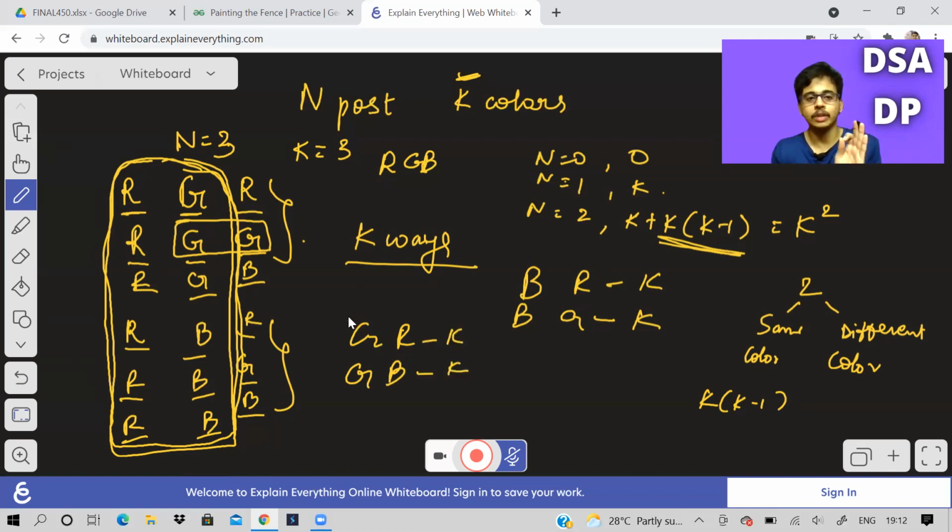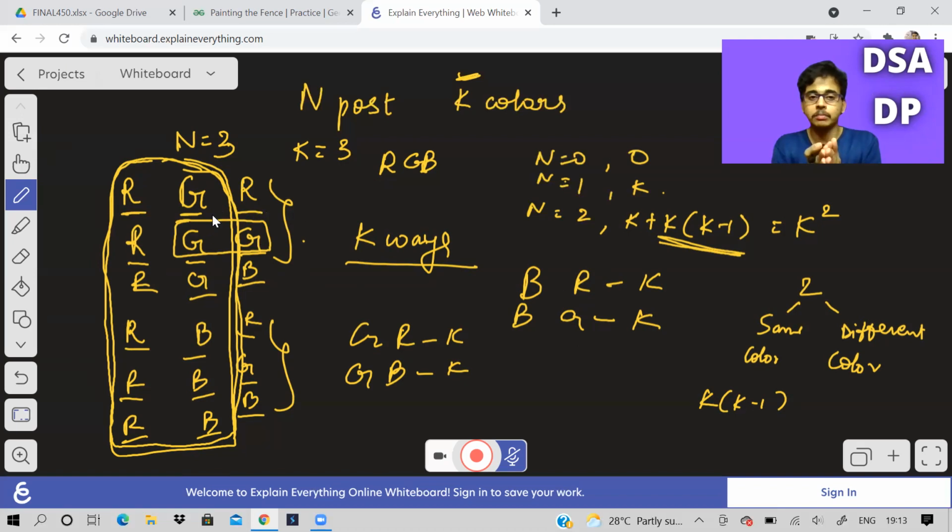So what did I try to tell? We will definitely have k ways of painting if the first two posts are painted with different colors. Or in a better way, we will have k ways of painting the ith post if the i minus 1th and i minus 2nd posts are painted with different colors.